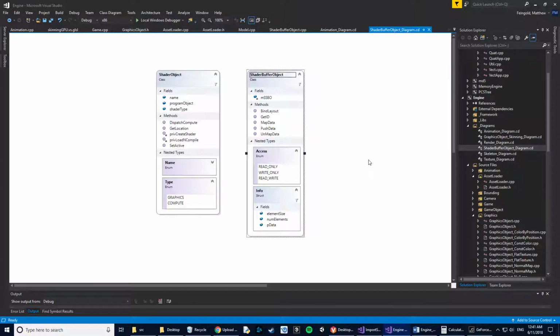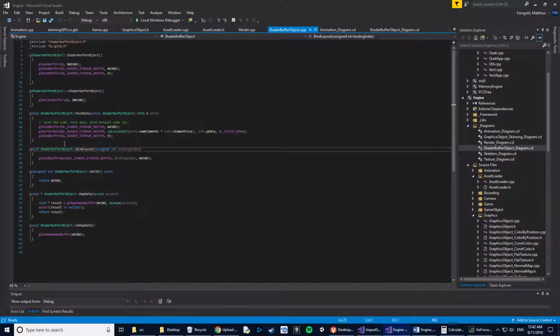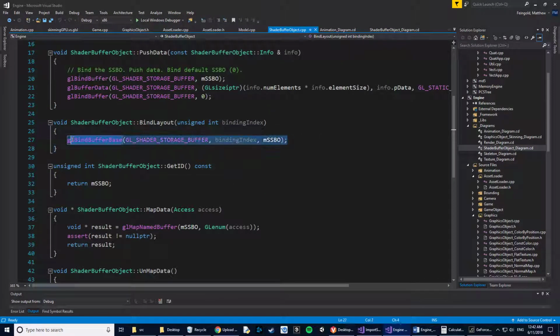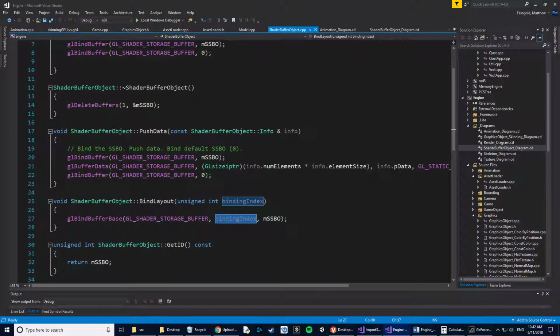It's pretty straightforward. I just wrapped the OpenGL functions, for example, bind layout. I'm able to specify the binding index, which is what you use in the GLSL file to declare the buffer in there. I wrap my push data and mapping and unmapping, all that good stuff.